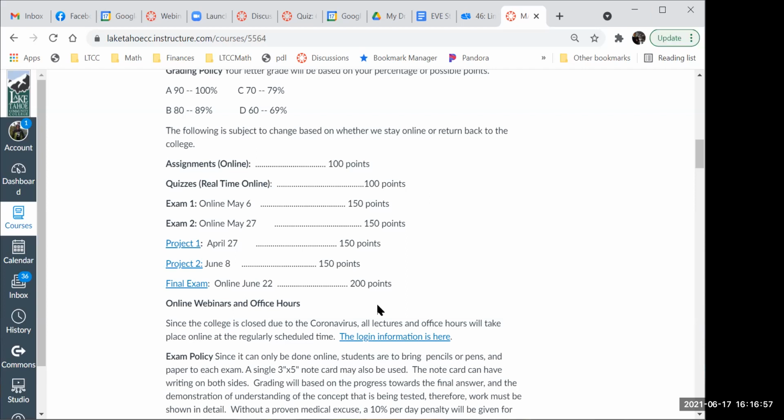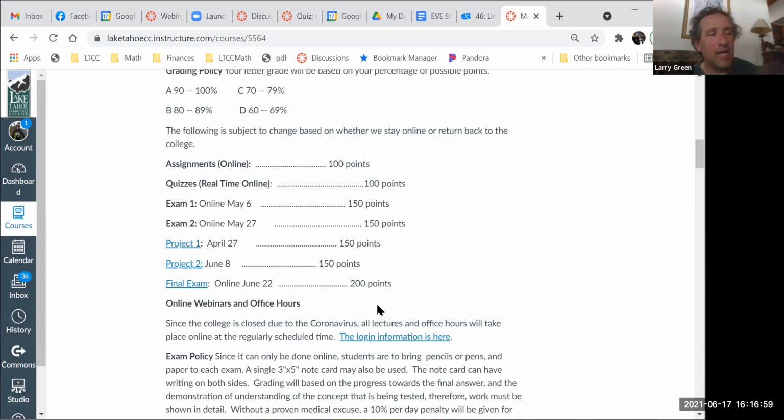Okay, I know it's a bit complicated. If you look at the points per question and add them all up, that's not 200 points. So these are the points for your course grade. What this means is that 20% of your course grade is the final exam.